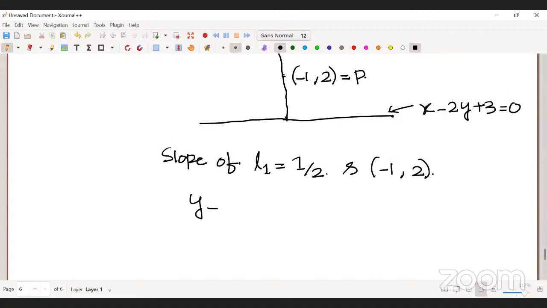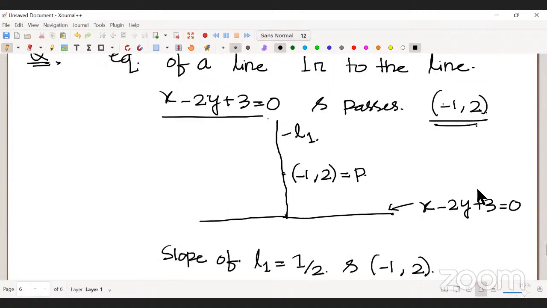How did we take out the slope of L1? L1 is perpendicular to this line. What is the slope of this line, x minus 2y plus 3 equal to 0? Sir, minus b by a. The slope of this line is 1 by 2.